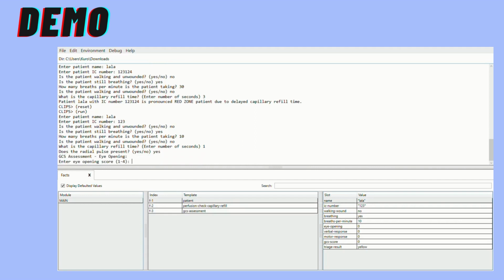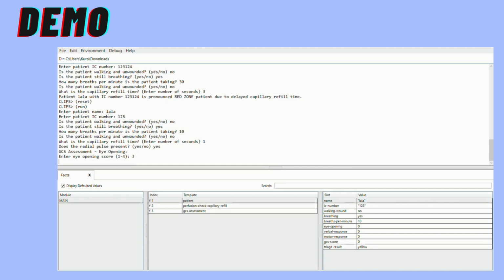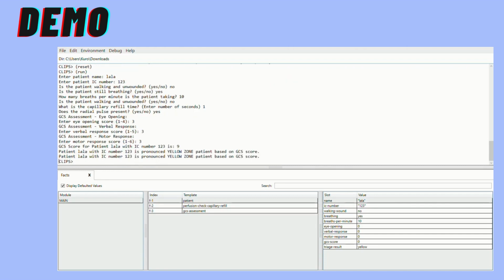We try to be above 8 but below 12. So we try 3, 3, 3. If it is 9 to 12, it will go to the yellow zone.